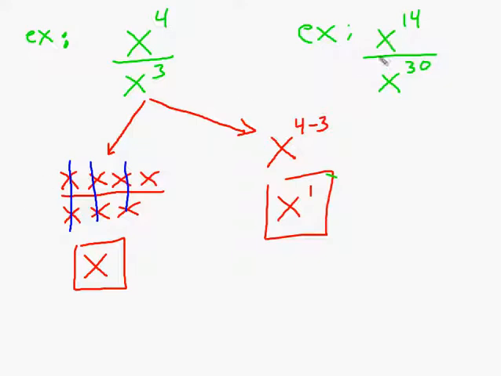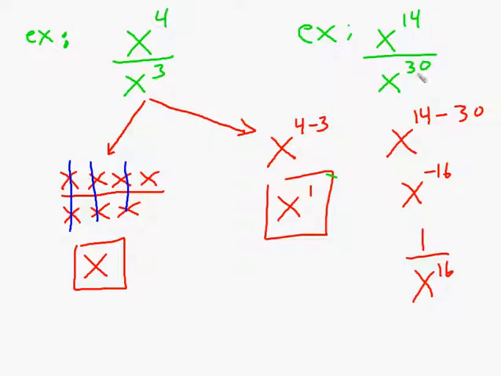So when we apply our quotient rule, our answer will end up in the numerator. So it's going to be x to the 14 minus what? 30. And what's 14 minus 30? Negative 16. And then as the last step, what do I do with that? Bring it down. So 1 over x to the 16.